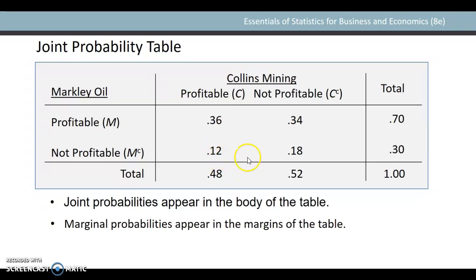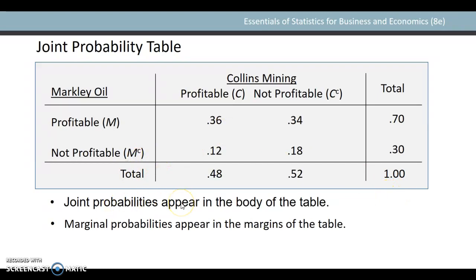The probability that Collins is not profitable and Markley is not profitable is 0.18. Add those two together, you get 0.3. There's a 30% probability in general that Markley is not profitable. Now to check your work, you add your columns and your rows, and you should get 1. That's all of the probability.